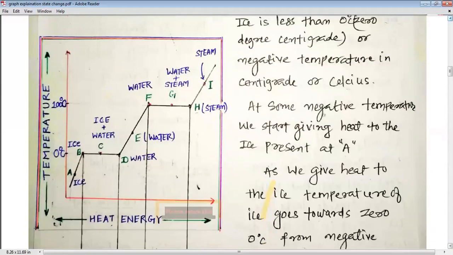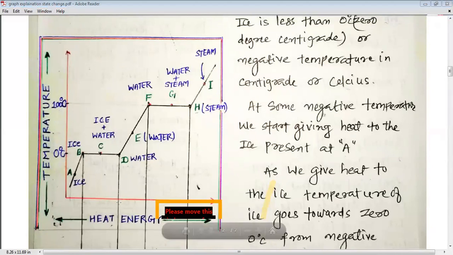Now just have a look at this graph once again. I hope, my dear students, on your screen you have a graph. This graph is the graph of temperature versus energy.